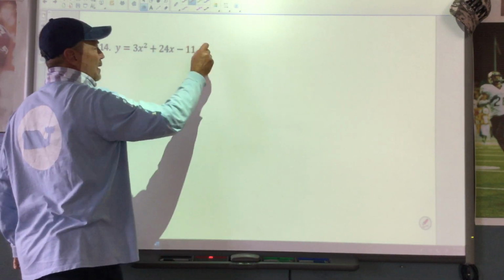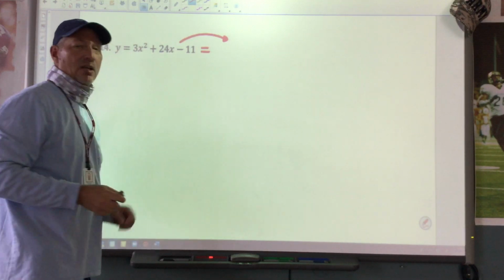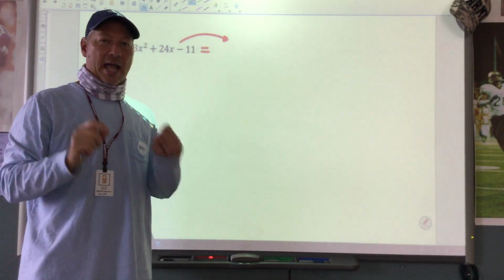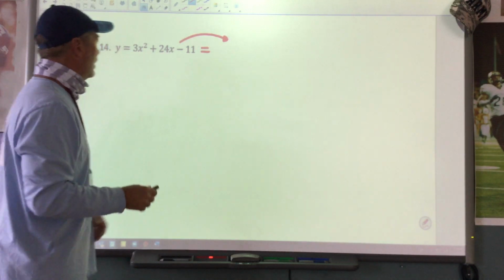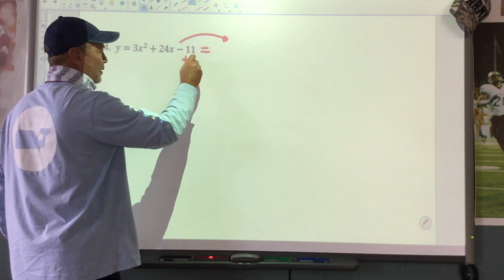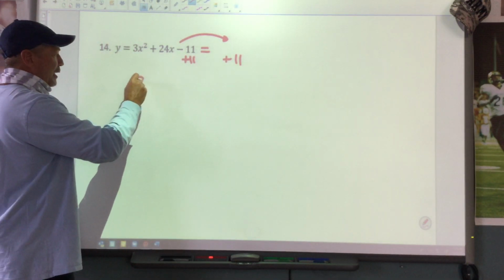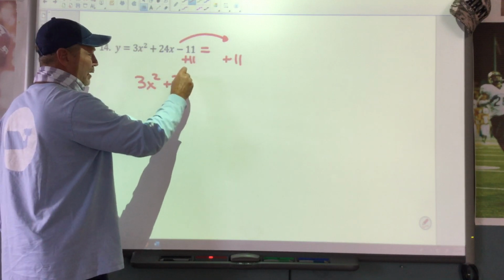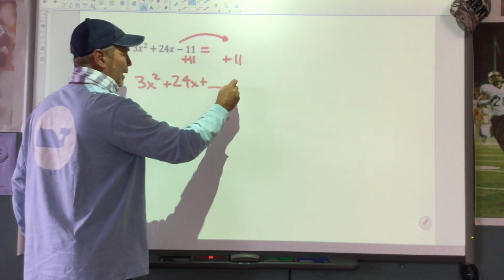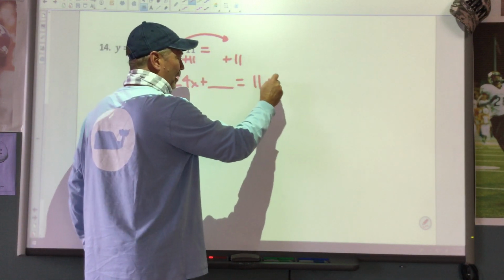Step 1, equal sign. Move the 11 to the other side. That is always step 1. You have to create the blank. We have to have a gap over there to fill. So we're going to go plus 11, plus 11. We have 3x squared plus 24x plus blank equals 11 plus blank.